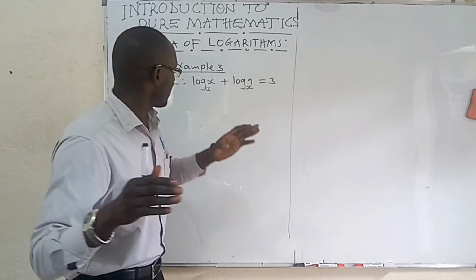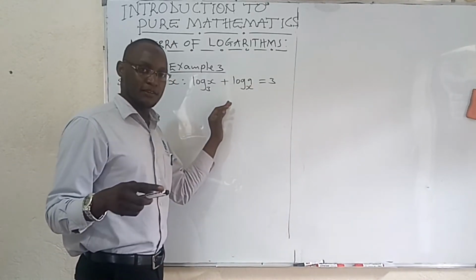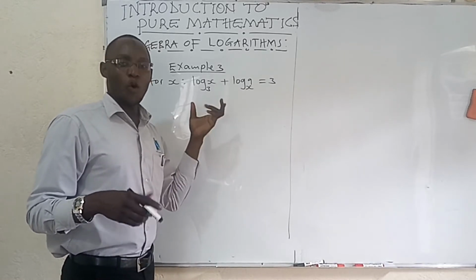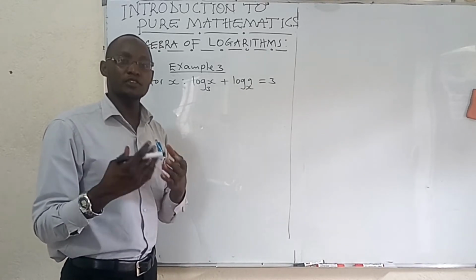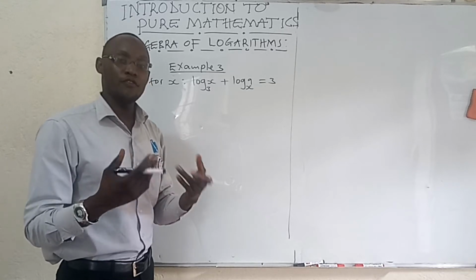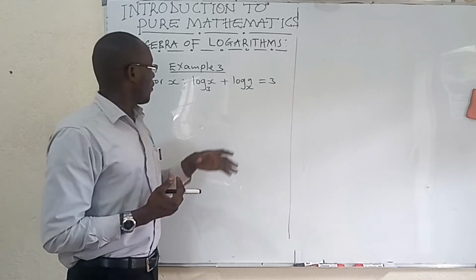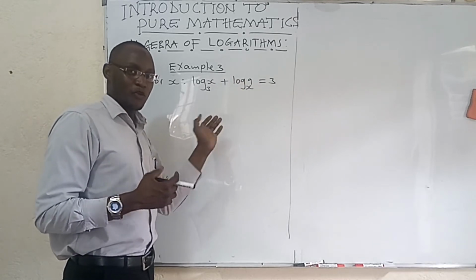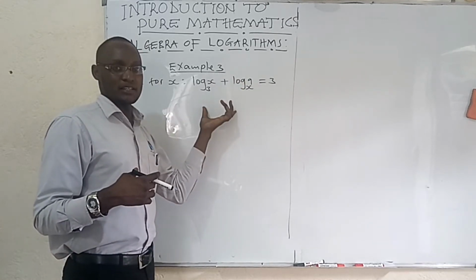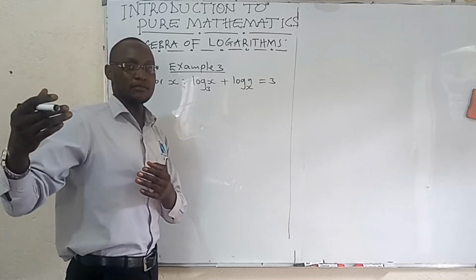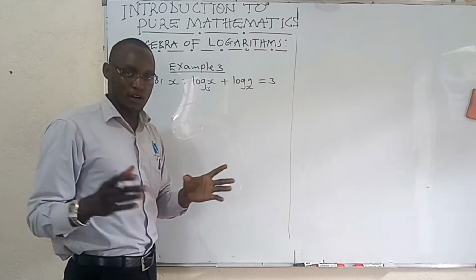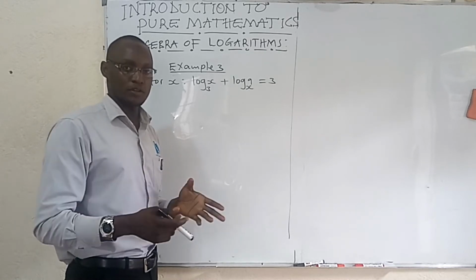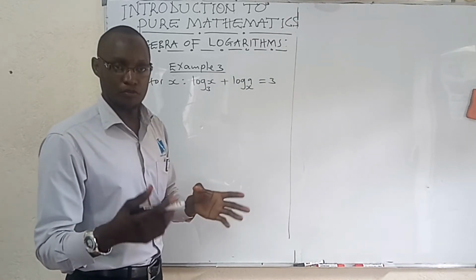The supplementary knowledge on simplification of logarithms is knowing how to solve quadratic equations by factorization. So on top of the laws of logarithms, quadratic equations are also coming in. Hope you saw this in indices, where we brought in quadratic equations in equations of indices.